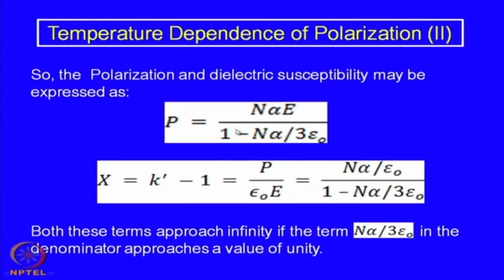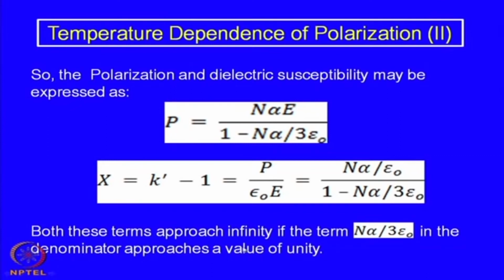This is the expression of polarization, and this is the expression of the dielectric susceptibility chi, which is again k prime minus 1. If you replace P here, you will find that.